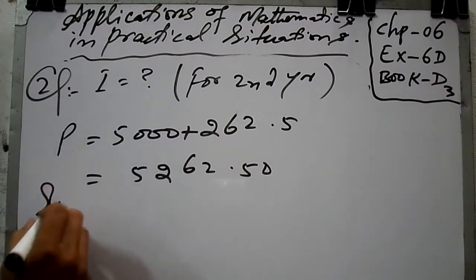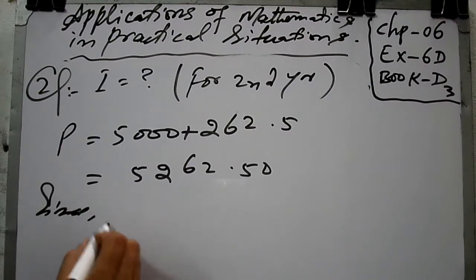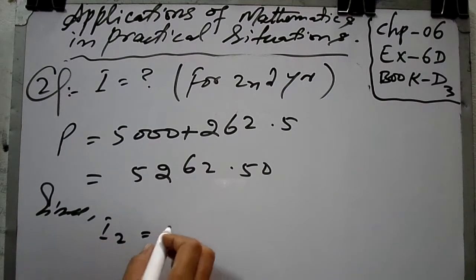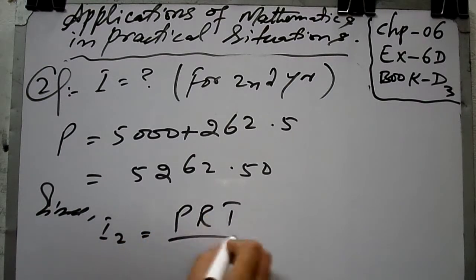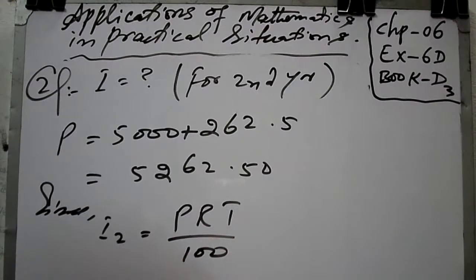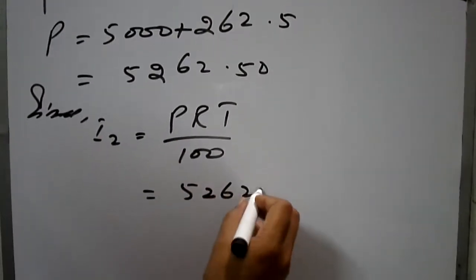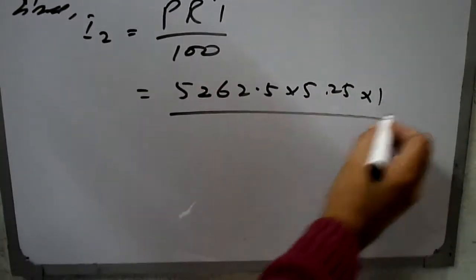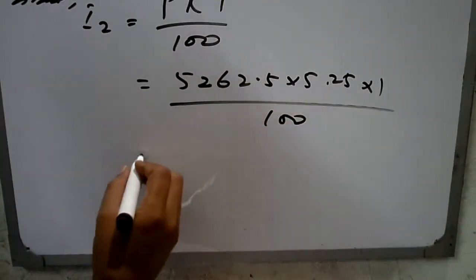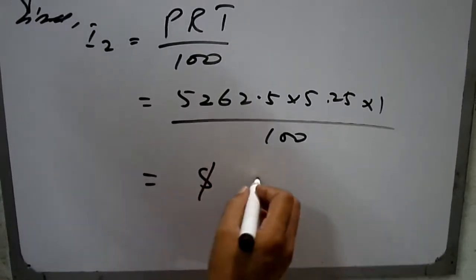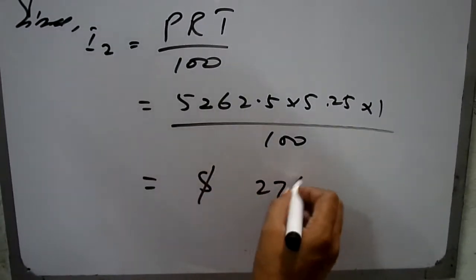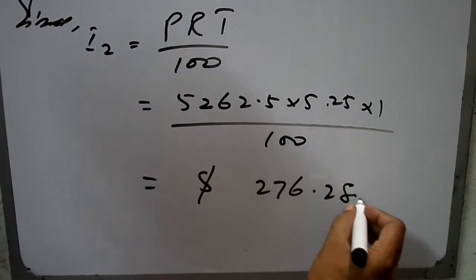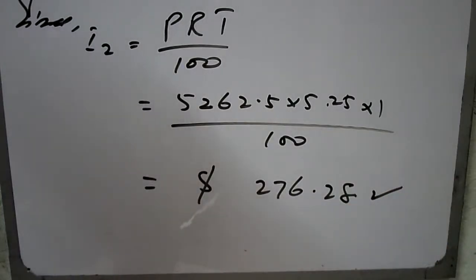So we have a formula for the second year interest, that is PRT by 100, putting the values, this amount will be $276.28 for the second year. Similarly, for the third year we have to calculate.